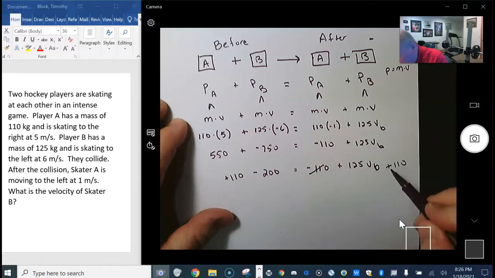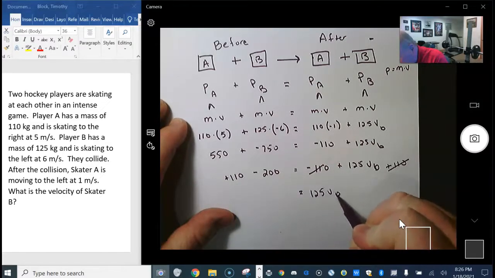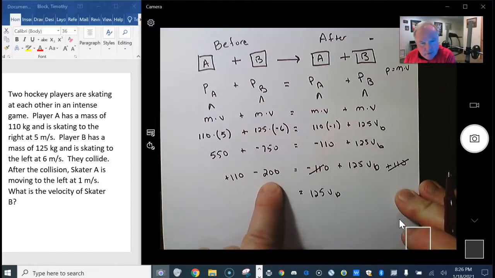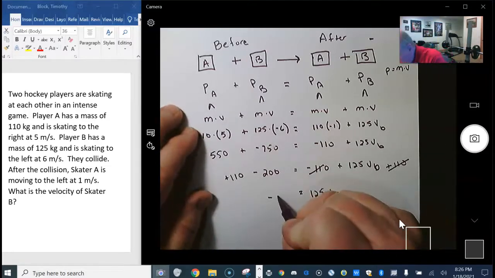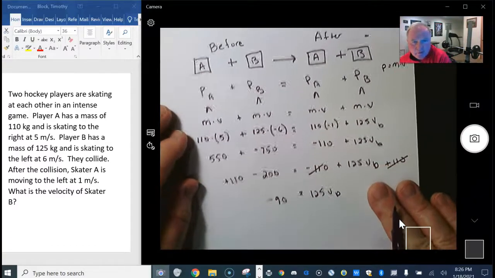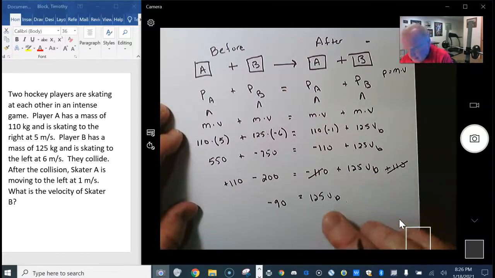Negative 110 plus 110 go away. And on this side, we get 125 times v of b. And here we get positive 110 plus negative 200. So we're going to get a negative 90. All right, now we're ready to say, okay, how do we solve for v of b?